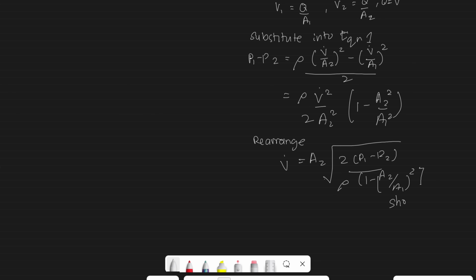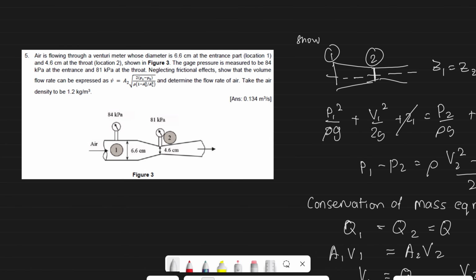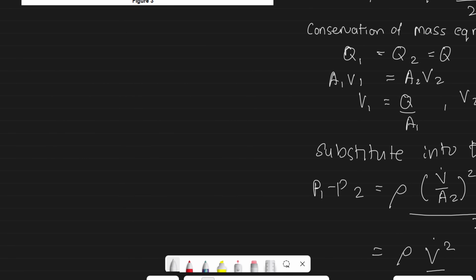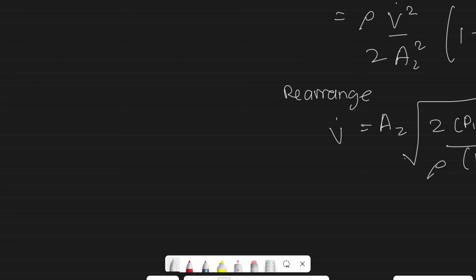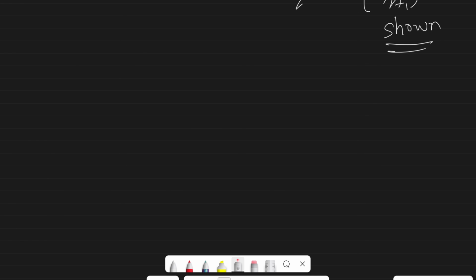So here shown. Okay, and then it asks you to determine the flow rate of the air. So to determine the flow rate, just substitute the values into this given equation.